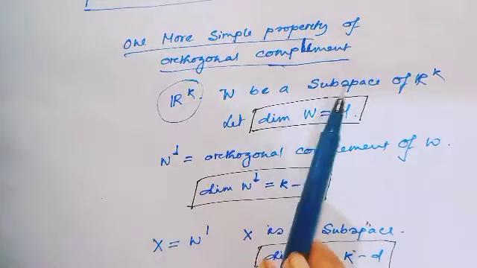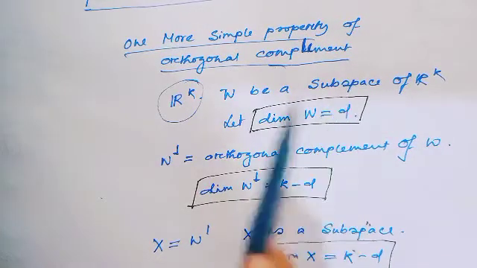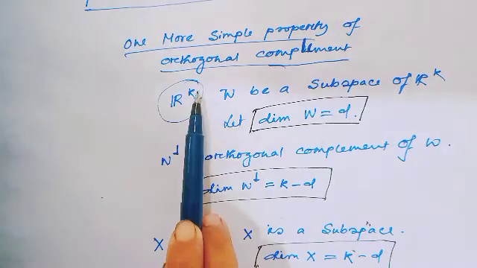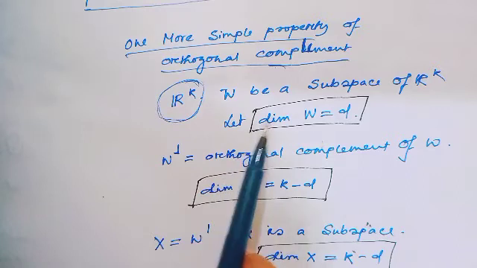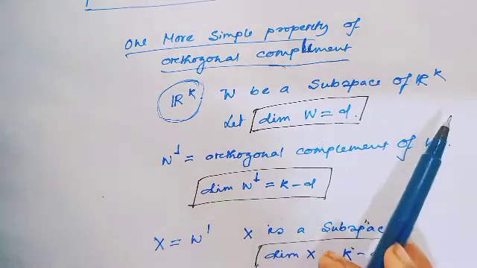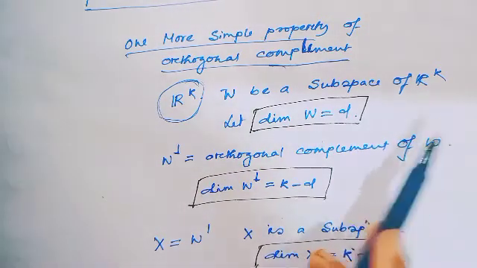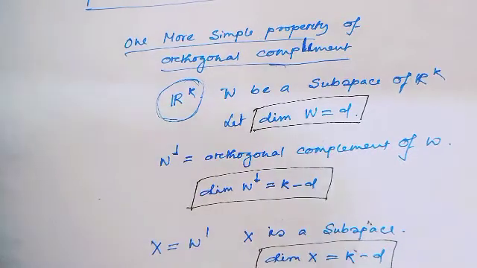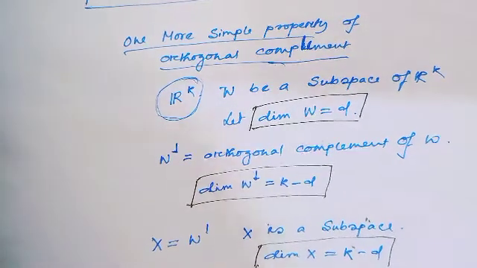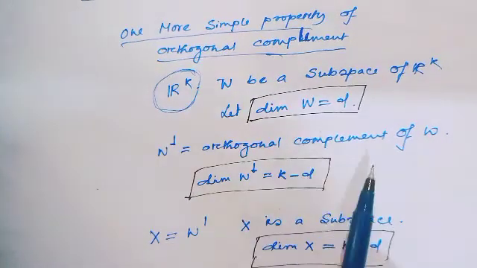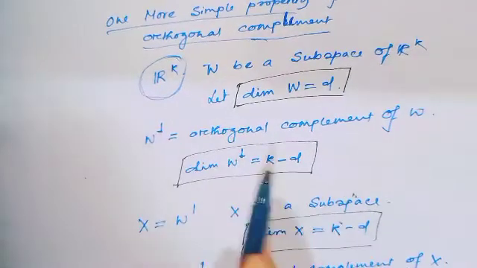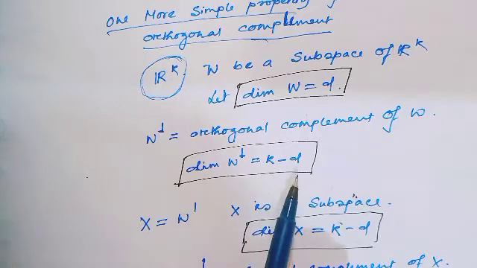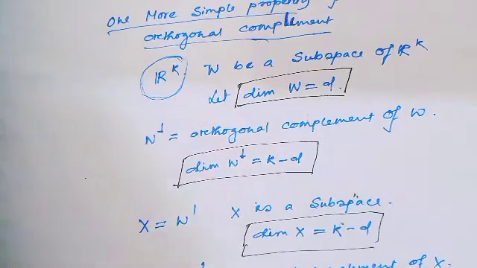One more simple property of the orthogonal complement is this. Consider R^k as a vector space and W a subspace of R^k. Consider the dimension of W equal to d. Now consider W perp to be the orthogonal complement of W. Then the dimension of W perp is equal to k minus d.